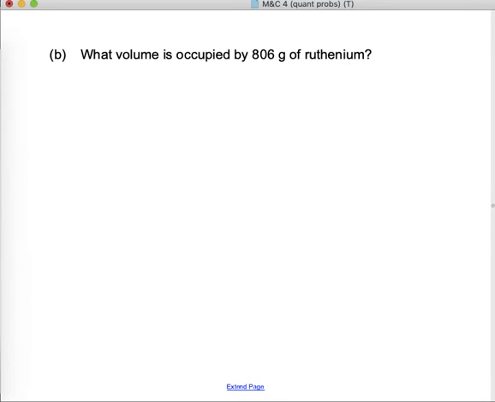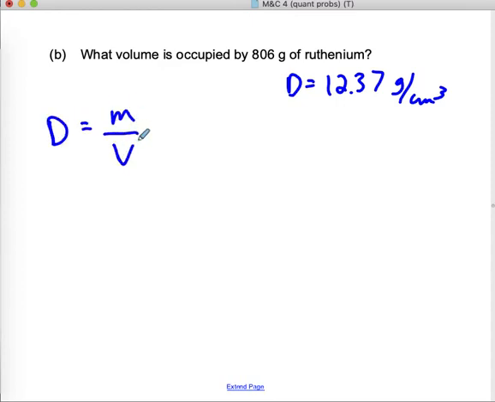What volume is occupied by 806 grams of ruthenium? Well, I better go to Wikipedia and look up the density, and I see that the density of ruthenium is 12.37 grams per cubic centimeter. I'm given the mass and I'm trying to find the volume. I'll start with my equation, density equals mass over volume. But before I plug in, I'm going to algebraically rearrange to isolate volume.